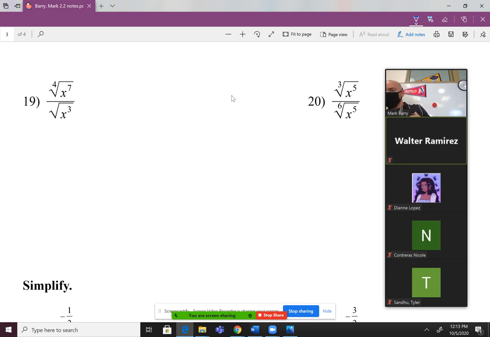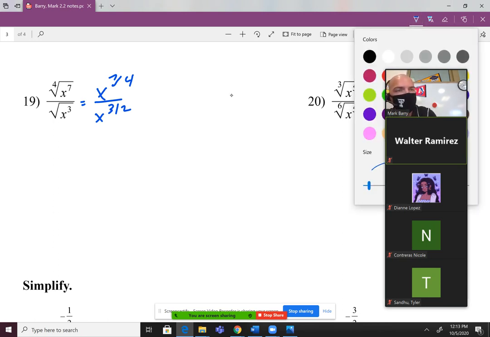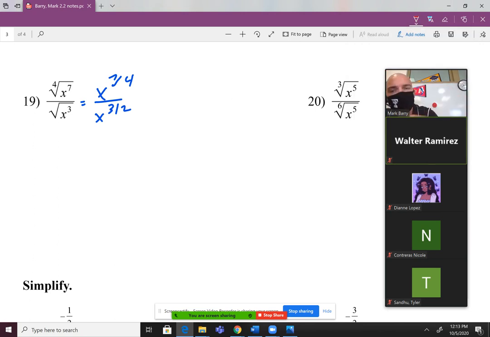I'm going to translate these into the fractional exponents first. So this one will become the 7 over 4 power. This one will become the 3/2 power. Once again, we know that when the root is blank, that's a square root, so it's going to be a 2.